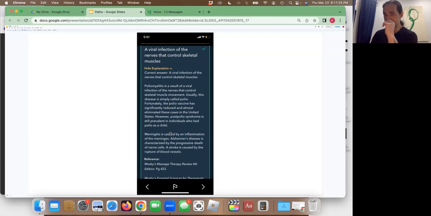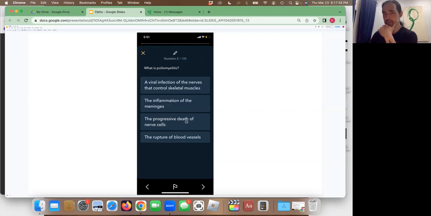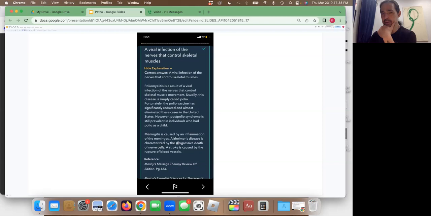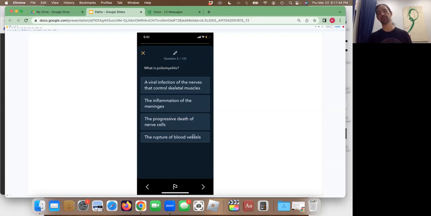And meningitis is often caused by a virus, sometimes a bacteria. You don't need to know that, but it's an infection, right? Progressive death of nerve cells, they're calling that Alzheimer's disease. You also could say that that's multiple sclerosis. And then the rupture of blood vessels, that's a stroke.